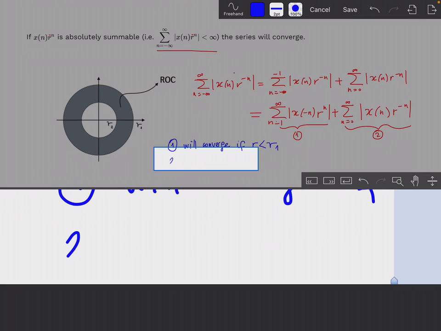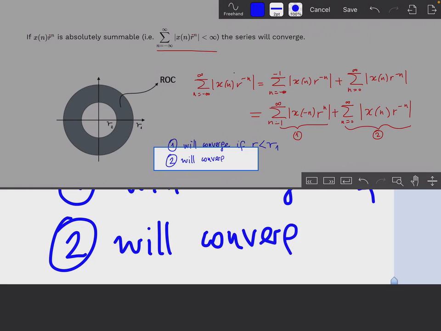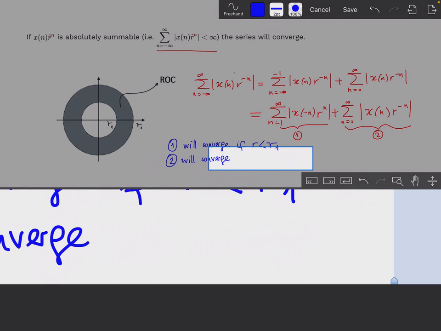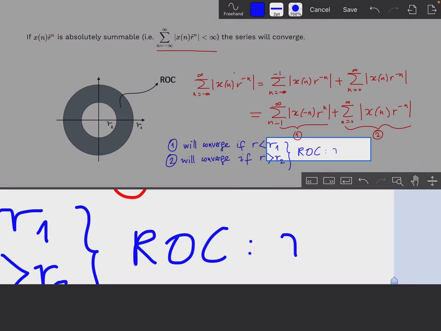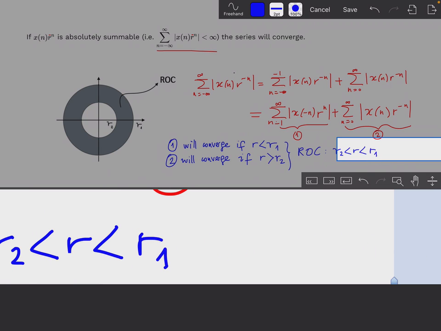Okay, and the second will converge. That's something that we already found out a moment ago in our example, if r is greater than r2, which means based on these two findings, the region of convergence is r2 less than r less than r1.